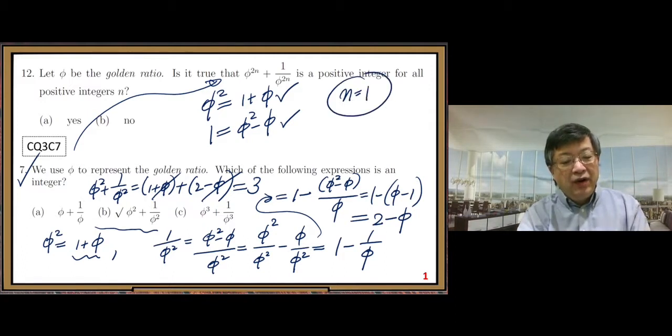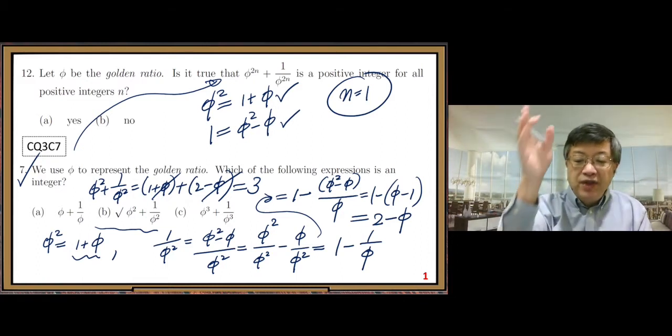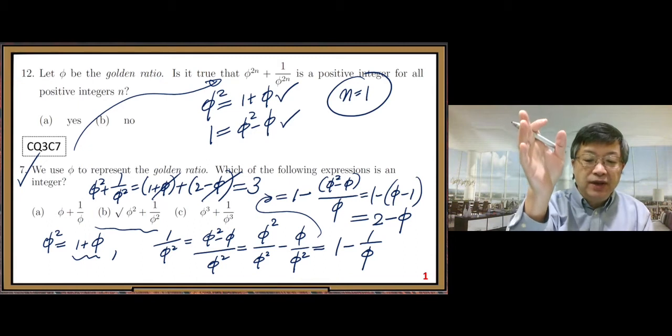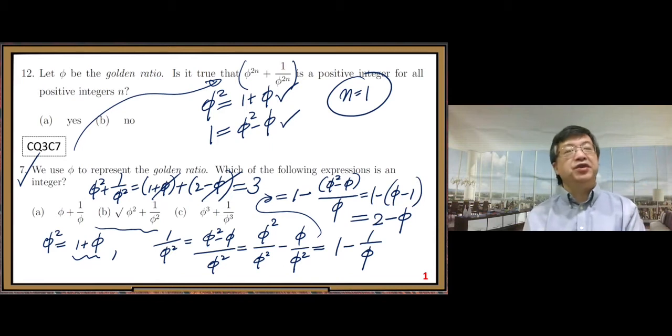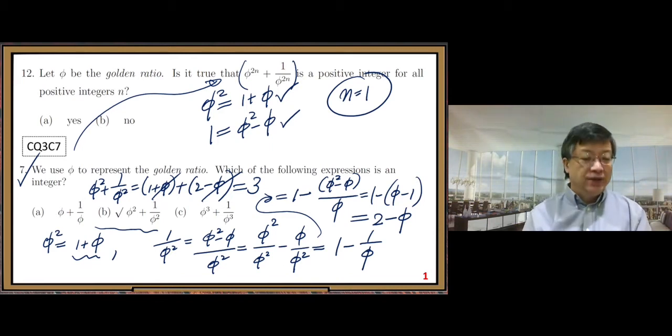But for question number 12, we need to show for all positive integer n, this expression is an integer, is a positive integer. So to do that, we need to use mathematical induction.